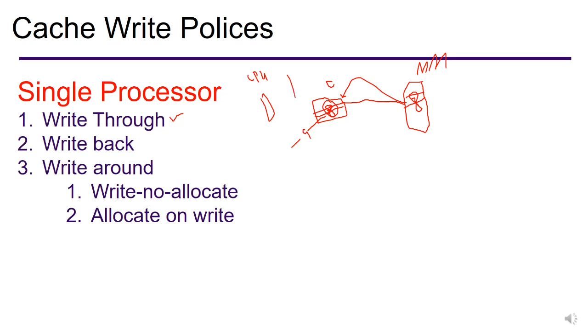The second one is write back. In write back, suppose this is the cache and this is the main memory. The value is 7, just came here to the cache, and the cache wants to increment it to 8, then 9, then 10, and 11. The first time the cache increments this value, it does not send any update to the main memory.